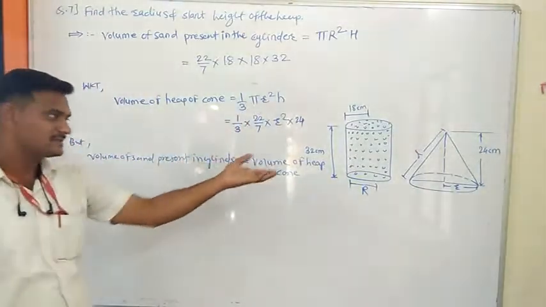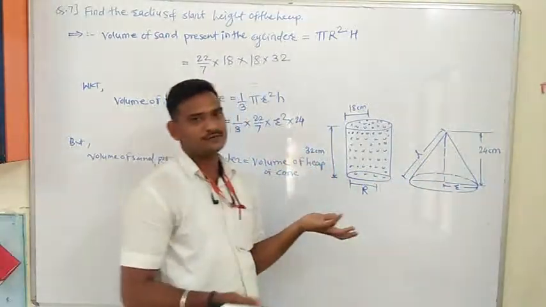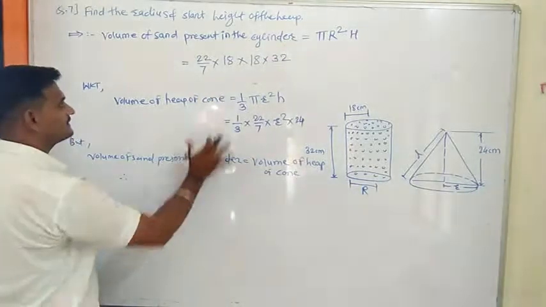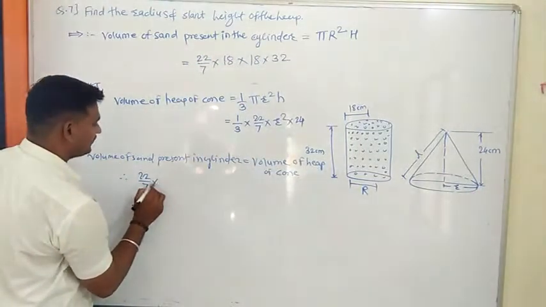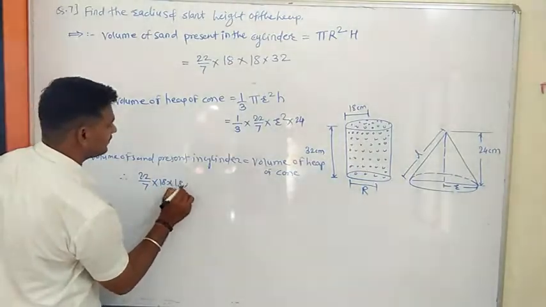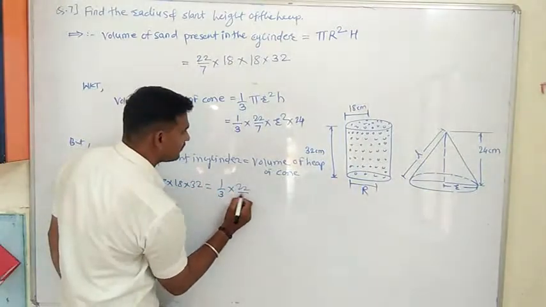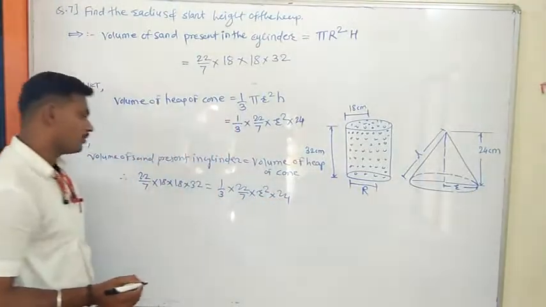Both the volumes are equal because the same sand is used to make the heap of a cone. Therefore, put all the values: 22 by 7 into 18 into 18 into 32 is equal to 1 by 3 into 22 by 7 into r square into 24.